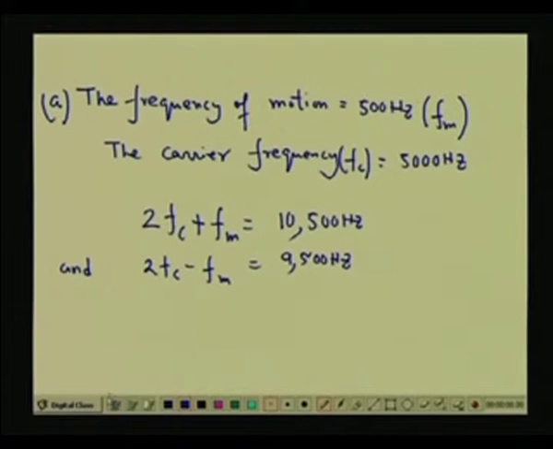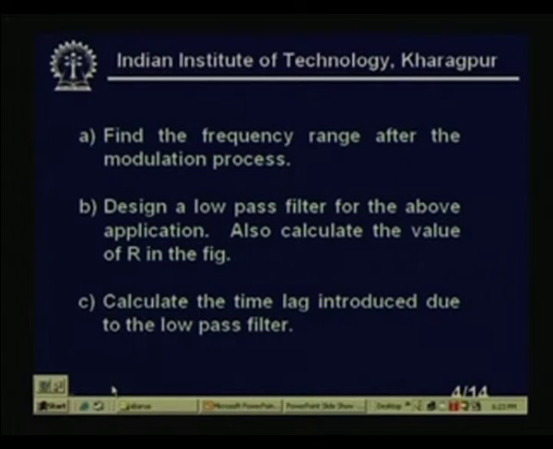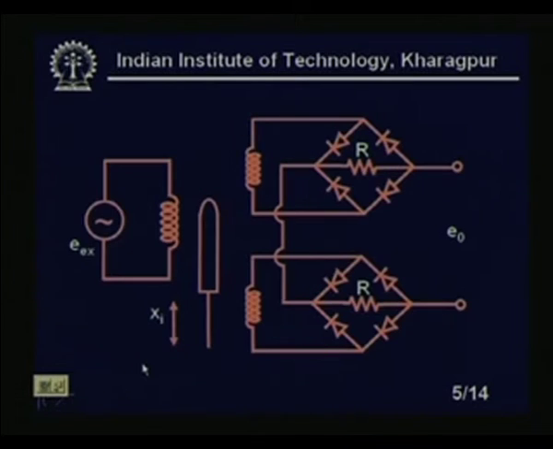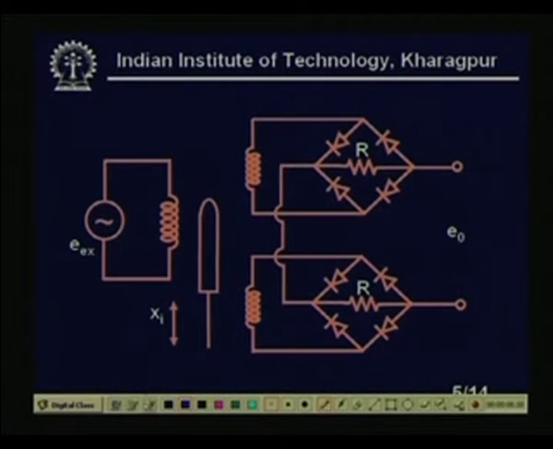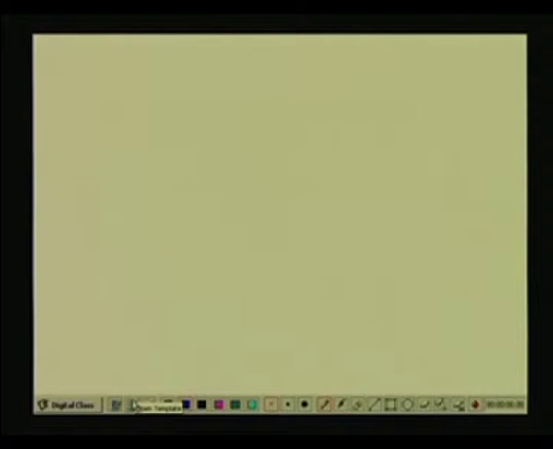Let us go back. So, you can see here, this is our figure. This R you have to calculate, and the low pass filter, because we need a low pass filter to get the actual signal, that is the movement of this one. Corresponding to that, what is the voltage output that we will get? We will find that. So, let us take a blank page again.